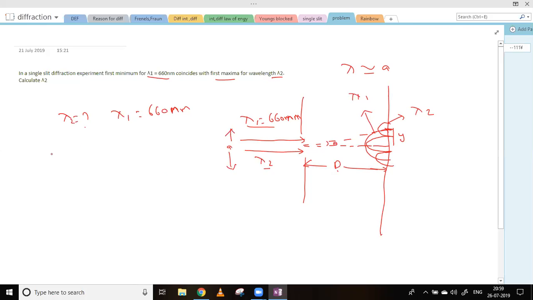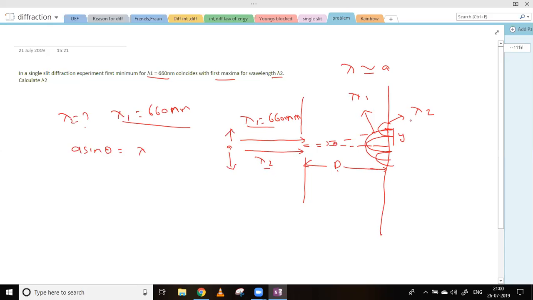Okay, now let us think about lambda 1. The condition to get the first minimum is a sin theta equal to lambda. Now let us go to the second case, related to lambda 2.